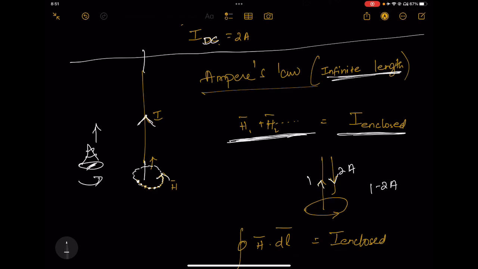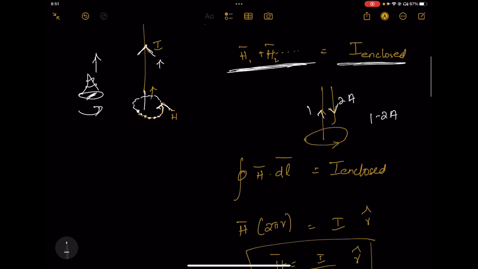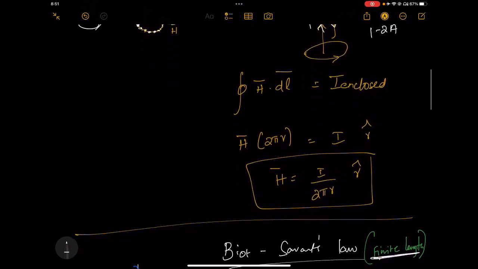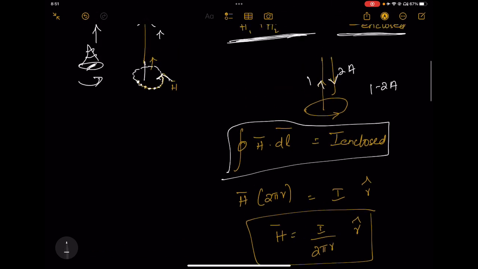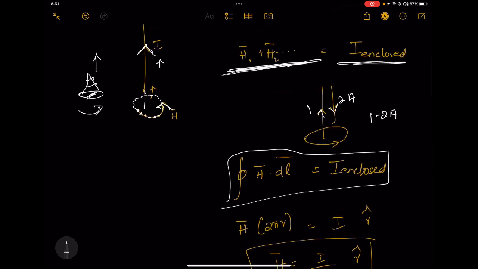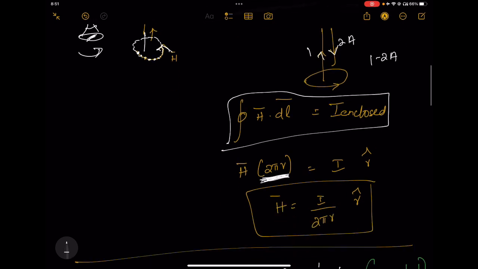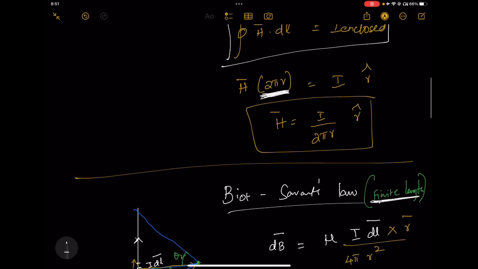The same relation applies here: if the current is going up, the magnetic field will be like this. If you just remember screw and driver, it is enough. So this equation is the total H measured in that path. If that path is a circular path, it will be 2 pi r. So H into 2 pi r is I, so H is I by 2 pi r.